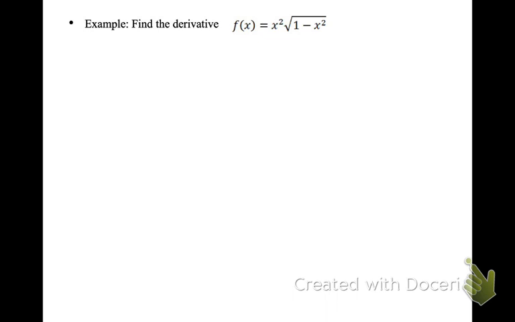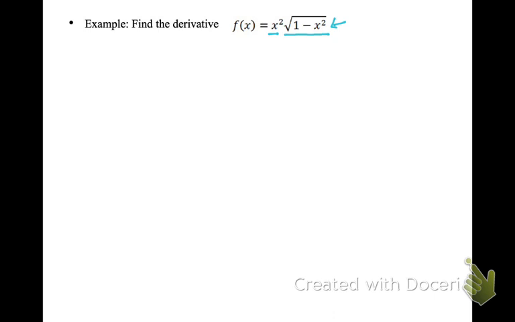Okay, so that square root is a function with a function in it, yes? So we have a product and a chain going to happen here. Because the first function is here, and the second function is here, and this has a function in a function.